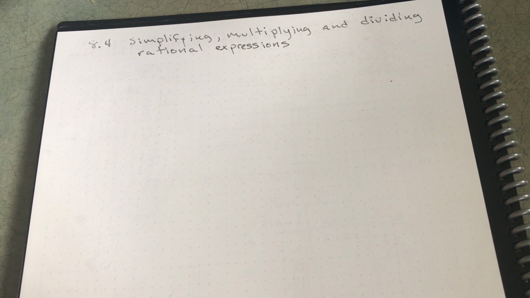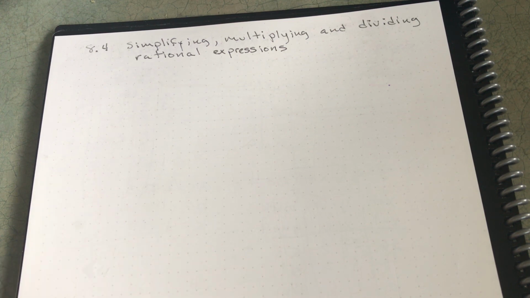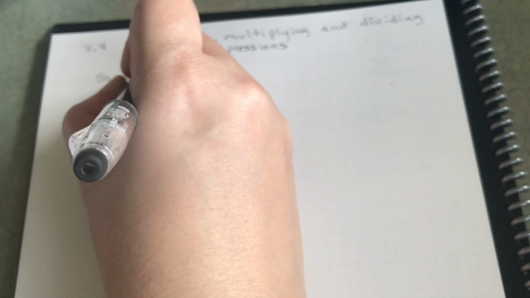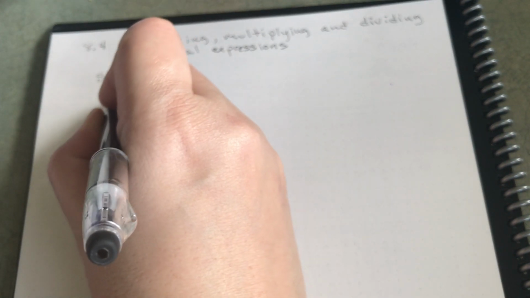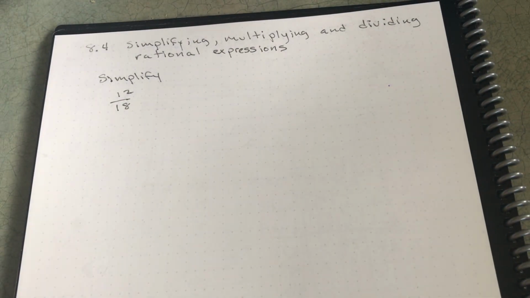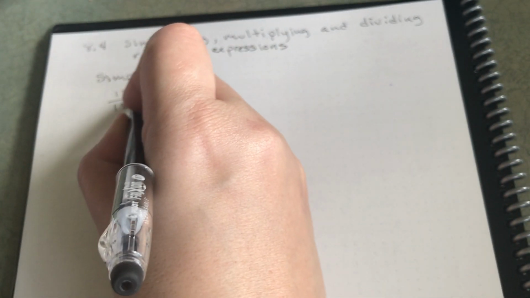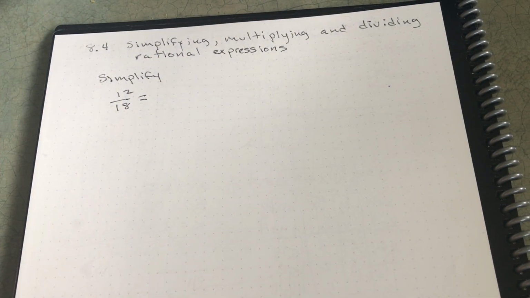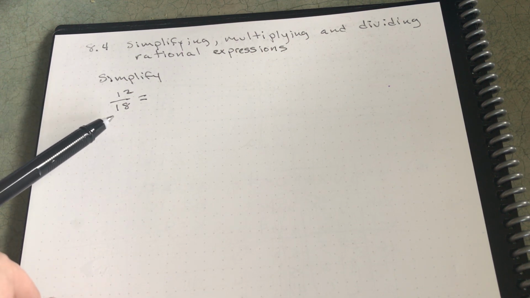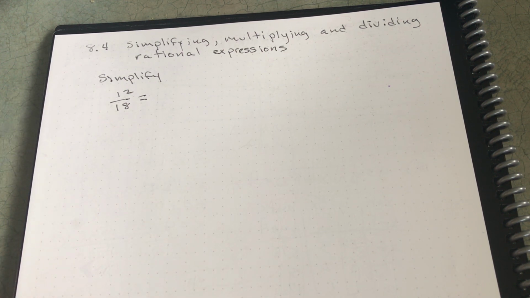Alright, so we're going to start with just the idea of simplifying fractions in general, because it's probably been a while for many of you. So if I have 12 divided by 18 and I want to simplify this, there's a couple of ways to think about this, but I want us to think about this in terms of factors. What's the greatest common factor of 12 and 18? Well, that would be 6.